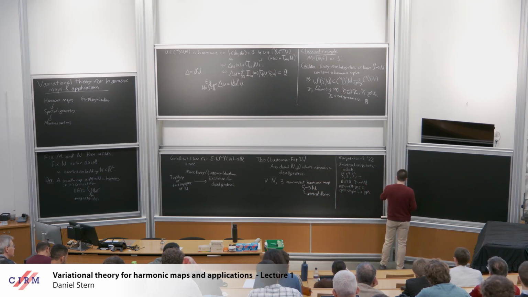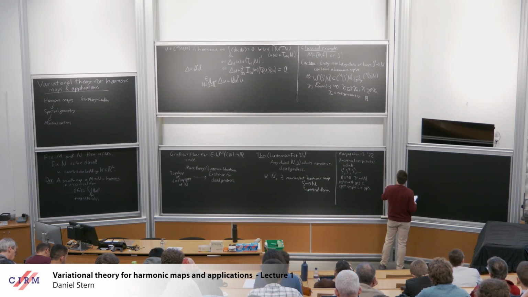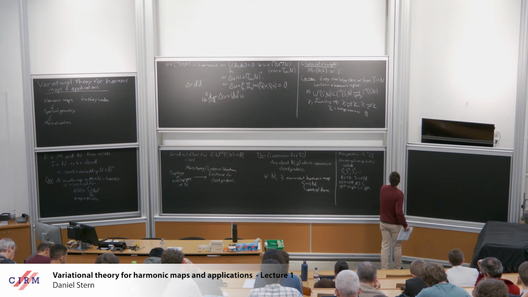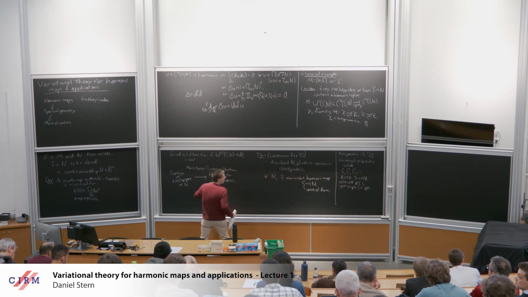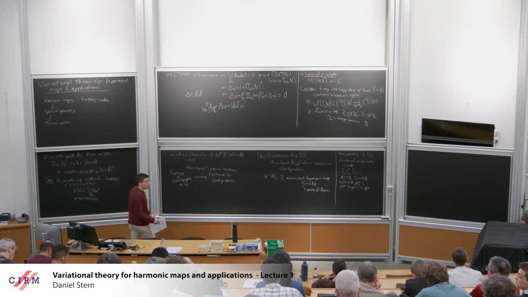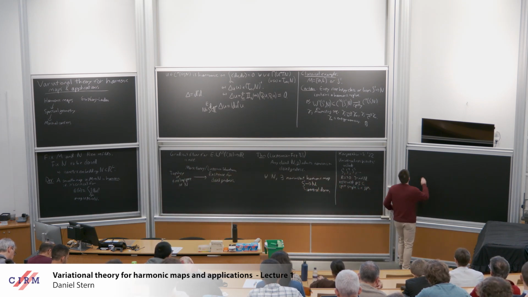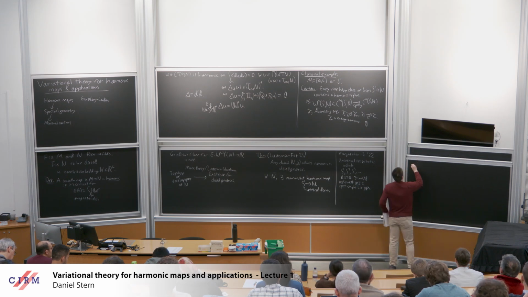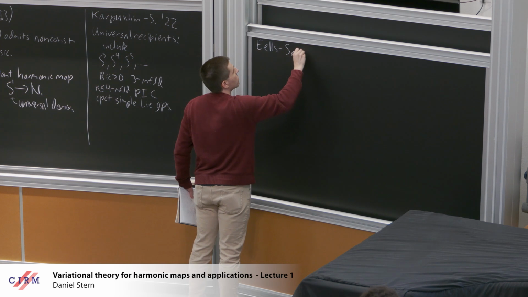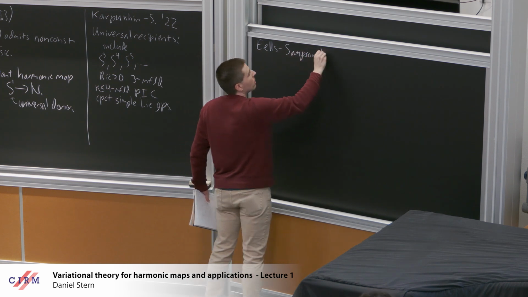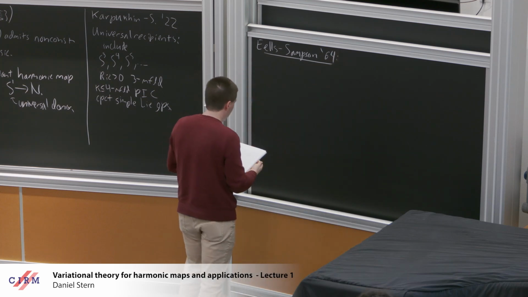All right, so let's recall the first main advance in variational methods for harmonic maps when you leave behind the classical geodesic world. The first very general existence result for harmonic maps was, of course, the breakthrough by Eells and Sampson in the 60s, which also introduced the study of nonlinear geometric flows.